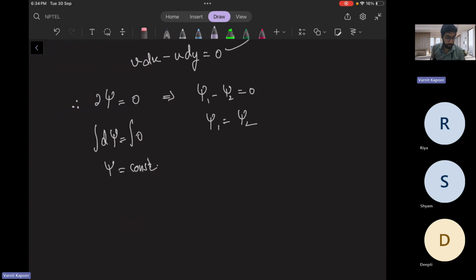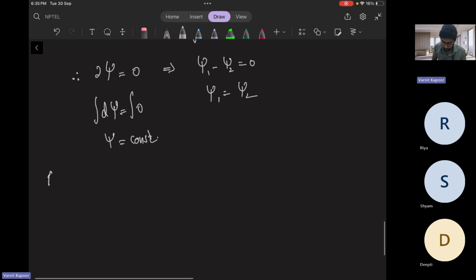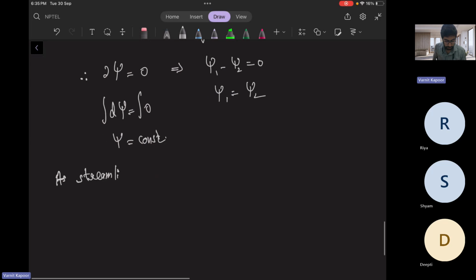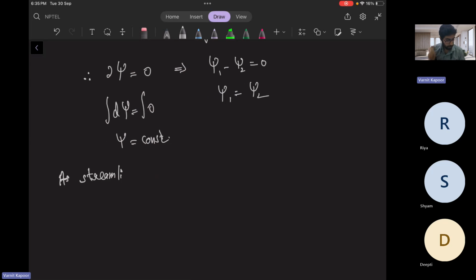So that means a streamline is the line joined by the same stream functions.